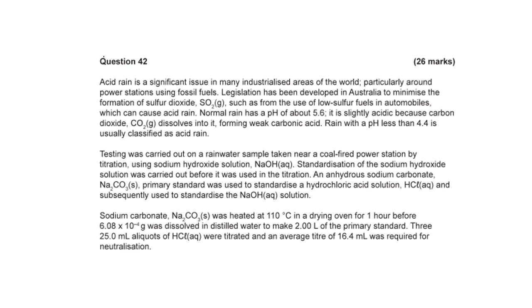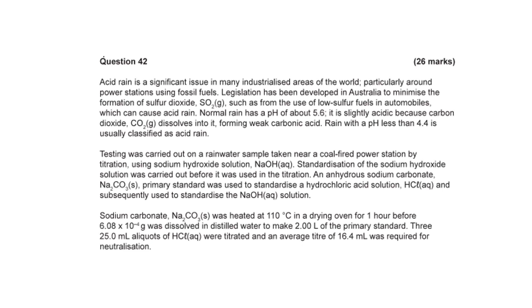It talks about some testing. The rainwater is acidic, so they've got to titrate that with a base, but the base, of course, is not a primary standard. So you need to standardize the sodium hydroxide against the primary standard, in this case our good old friend sodium carbonate. Sodium carbonate, as we talked about in our primary standards video, was heated to 110 in a drying oven, and then a certain mass was dissolved in water to make 2 litres of the primary standard.